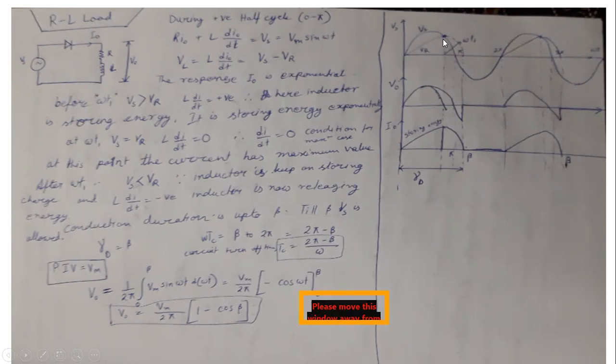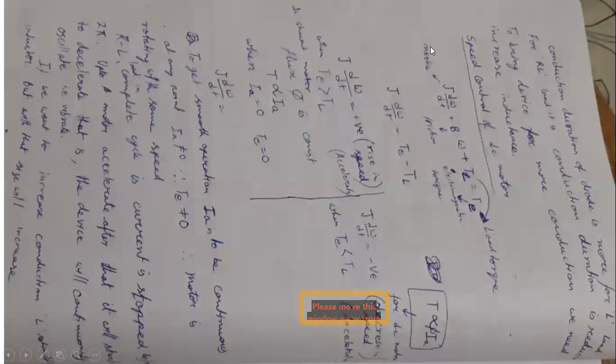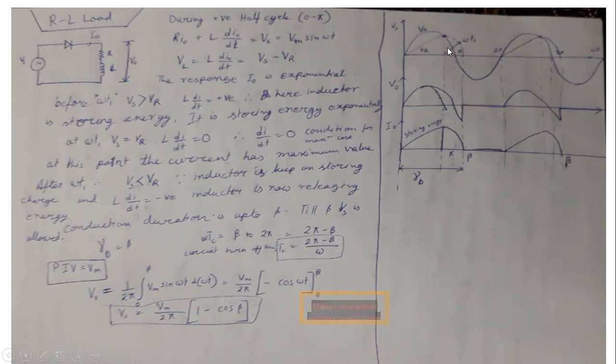Okay, so before a certain time, suppose at point omega t1, the voltage VR will be a bit less, but it will be increasing gradually. Why so? Because the voltage increment is due to the presence of inductance, so it will gradually increase.